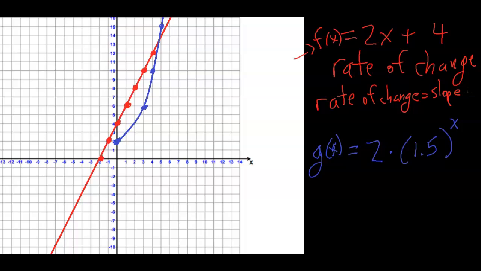In this case, the slope of this line f of x is equal to 2. So the rate of change of the function f of x equals 2x plus 4 is positive 2.